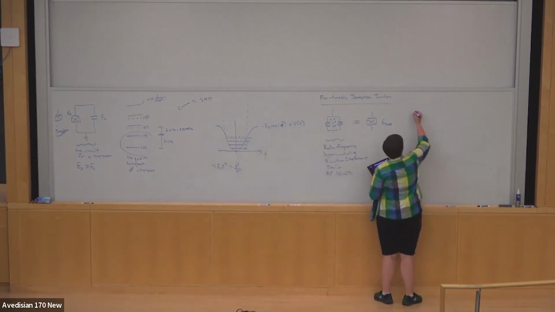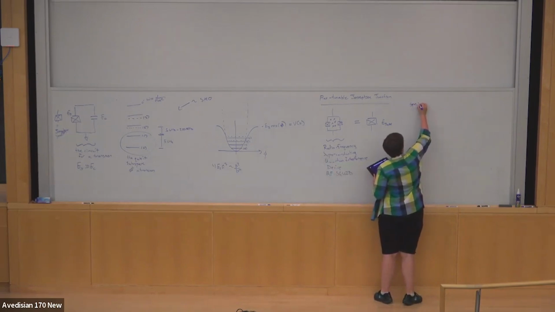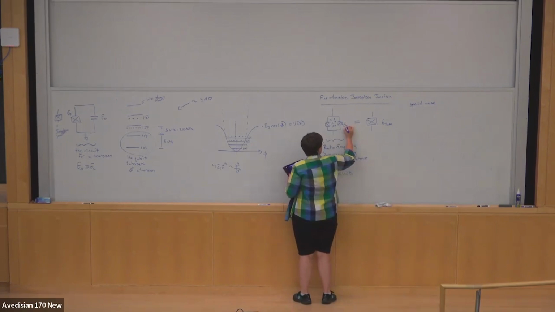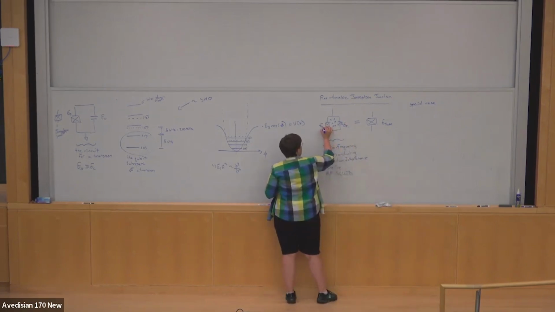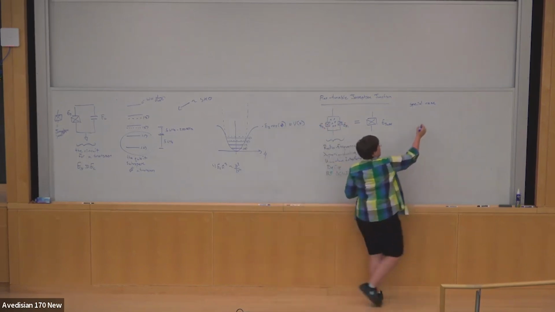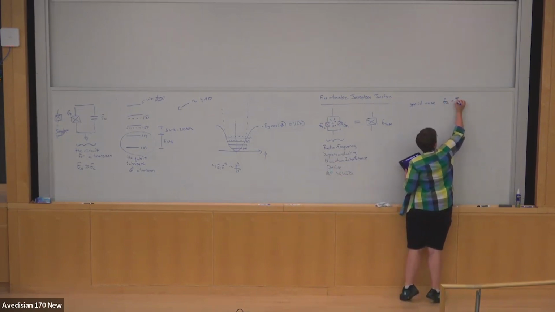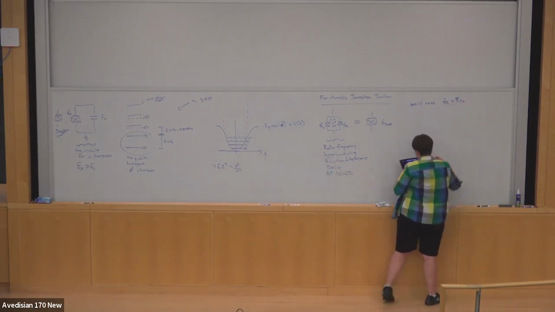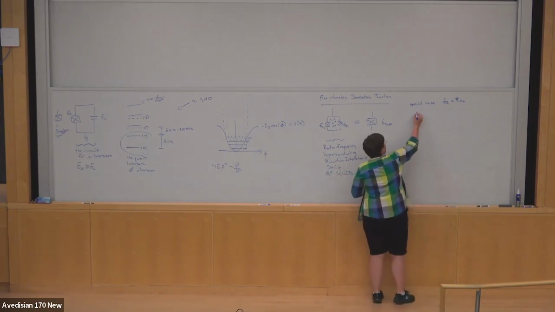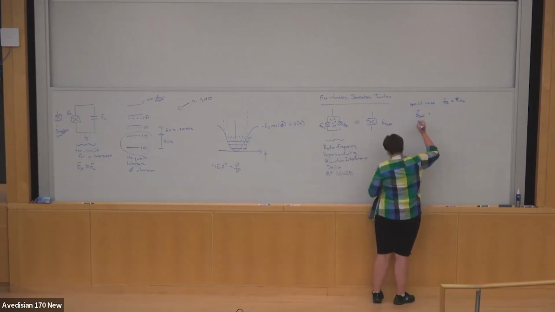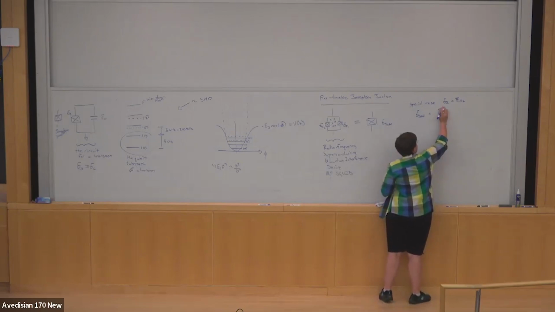If we look at the special case of equal junctions, so I'm going to say that I have two junctions, EJ1 and EJ2, then there's a particularly simple form for this effective Josephson energy.